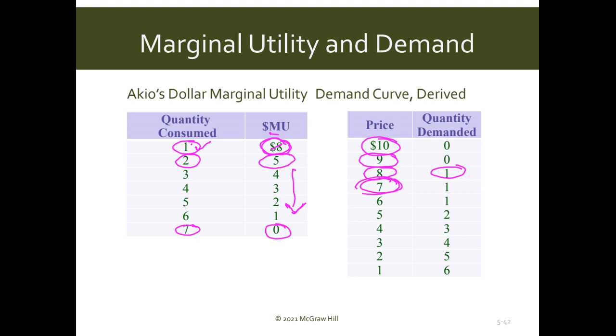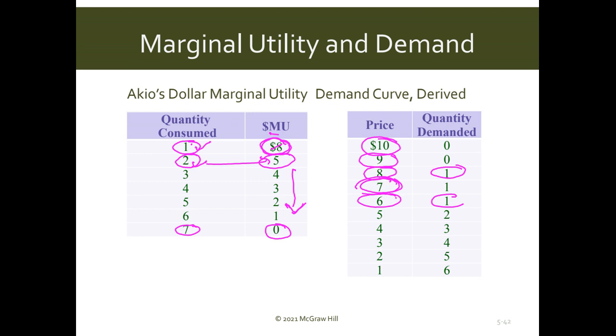If the price is $6, you still buy 1 apple only. Why? Because 8 is greater than 6, but you're not going to buy 2 apples, because the second apple will give you only $5 worth of utility, whereas you are paying $6 per apple. So you're not going to buy the second apple because you will get only $5 level of satisfaction.